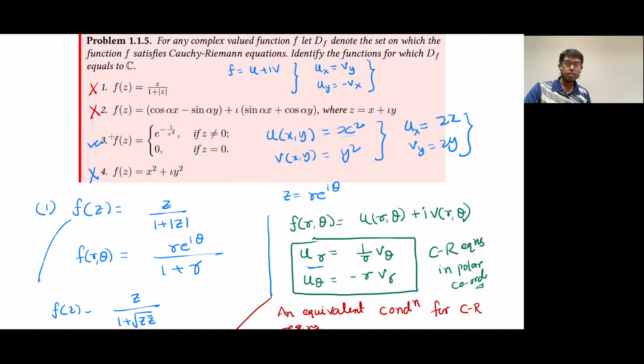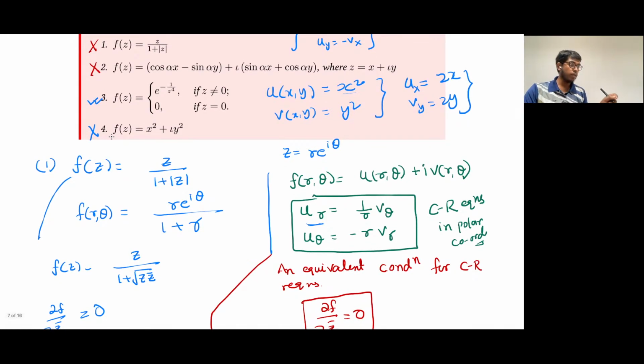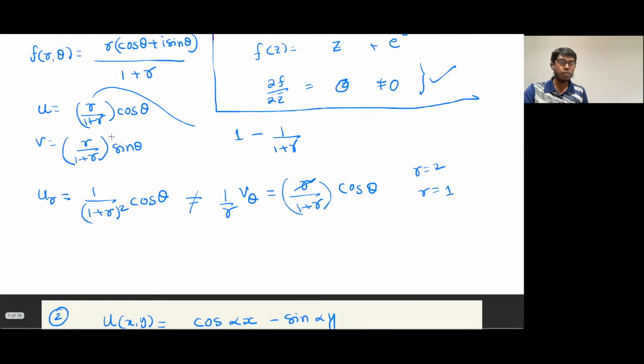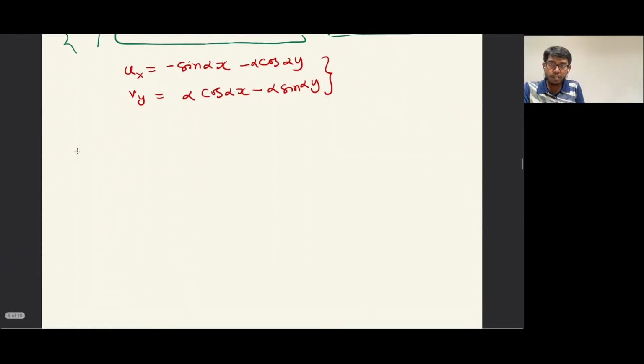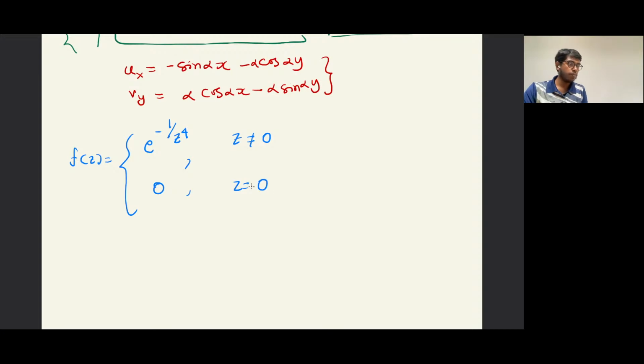Okay. So f(z) equals to e to the minus 1 by z to the power 4, and you will see that this function satisfies the CR equation, but this is not analytic. Indeed, this is not continuous at z equals to 0. So let's see. The function is f(z) equals to e to the power minus 1 by z to the power 4 for z not equals to 0, and 0 for z equals to 0. Okay. So see, first of all, let's check if it is continuous.